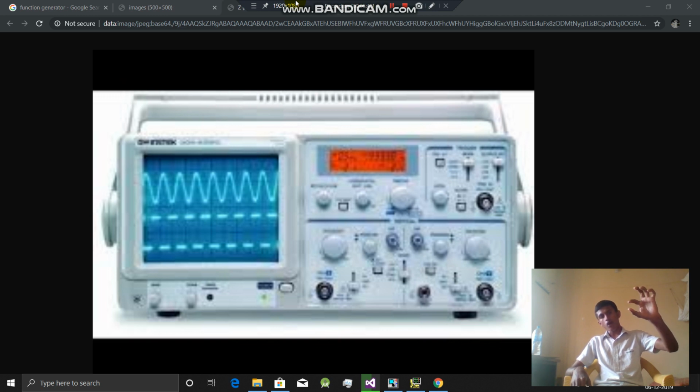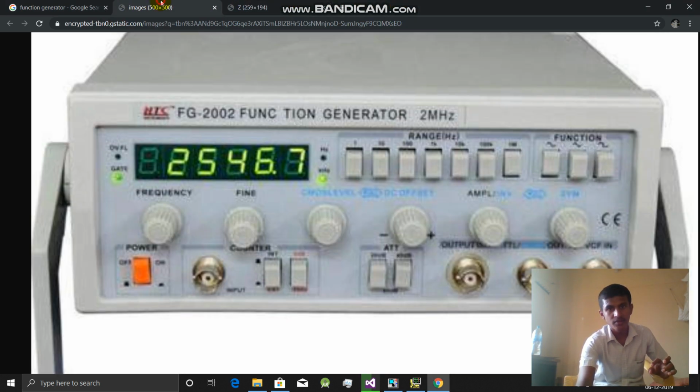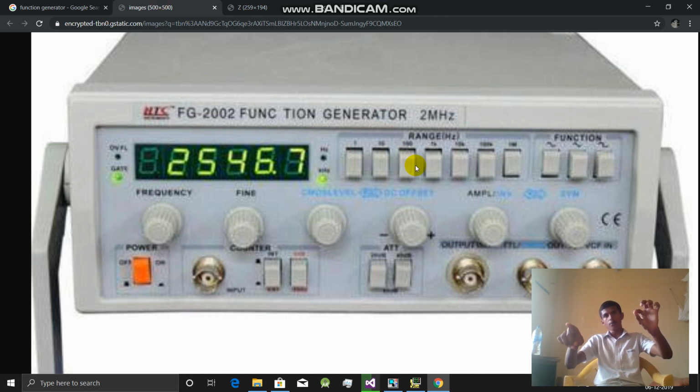For 10 volt peak to peak, that means 5 volt above and 5 volt below, which is 2.5 divisions above and 2.5 divisions below. So totally 5 divisions, 5 times 2 volt per division, 10 volt peak to peak. We just need to change the amplitude in the function generator so that the waveform changes to that amplitude.